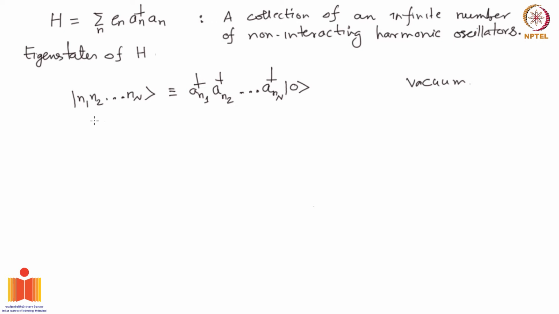So your n1 could be 1, n2 could be 2 or 5 or whatever, and so forth. And your capital N denotes how many daggers you have put.